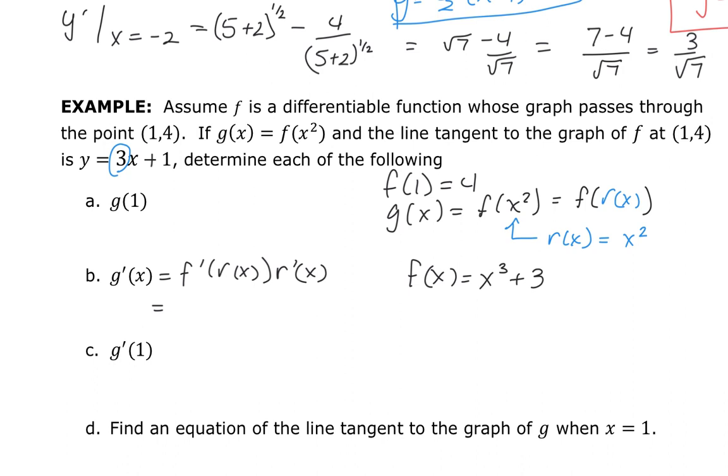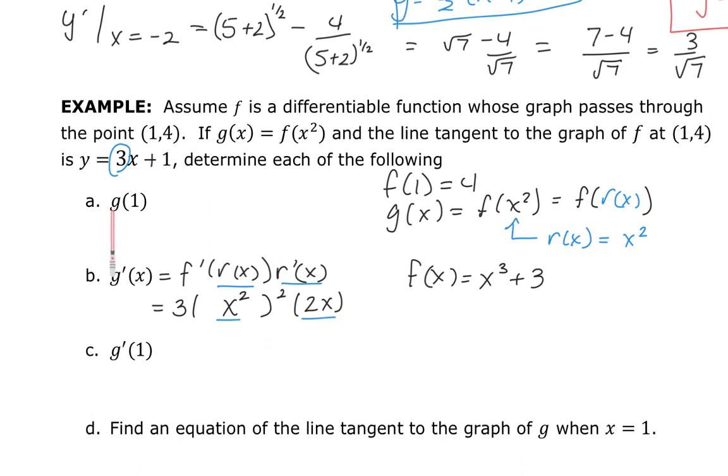So then my outer function derivative, the derivative of f of x, would be 3, then my r of x, the quantity squared, and then multiplied by r prime, which would have been 2x. So this would have my inner function, which is x squared, this is my r of x, and this is my r prime of x. So I think that's going to work for my r prime of x.